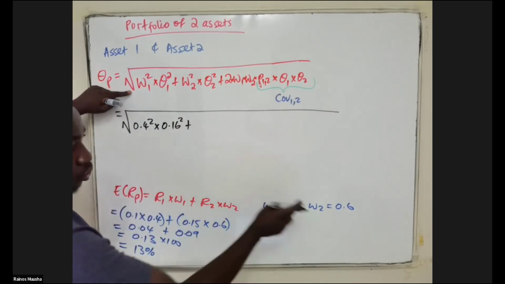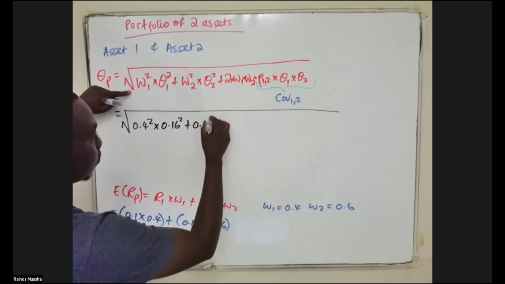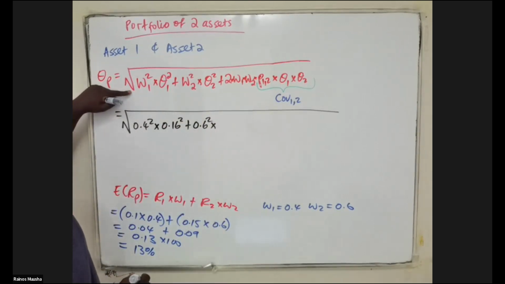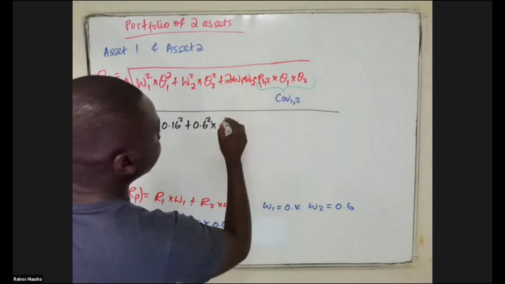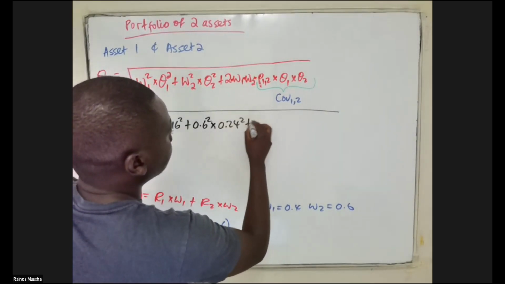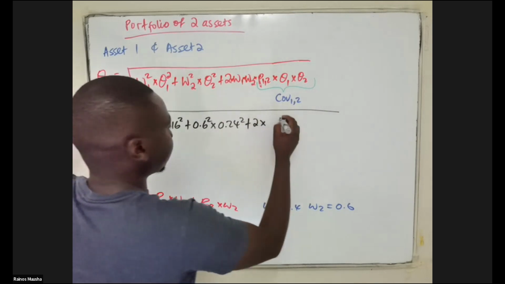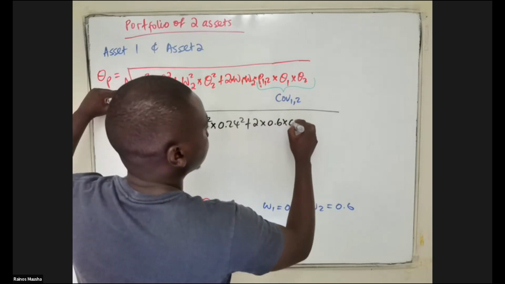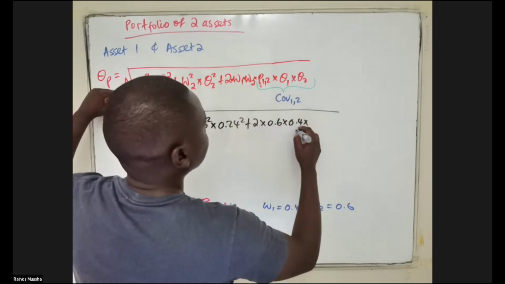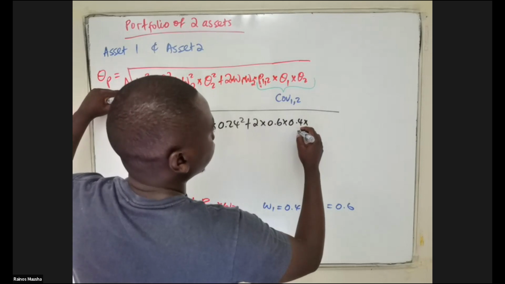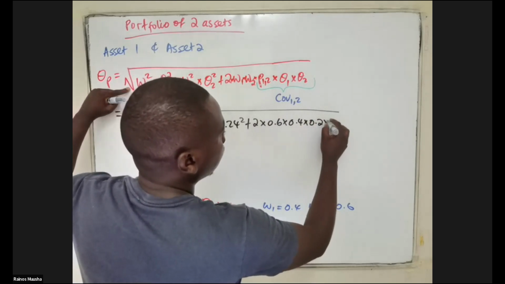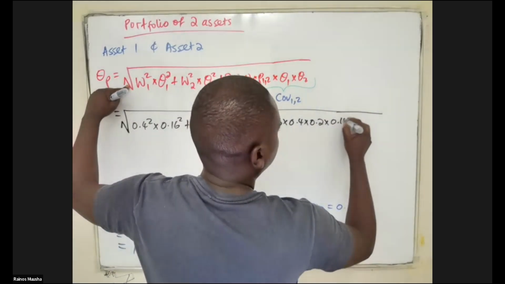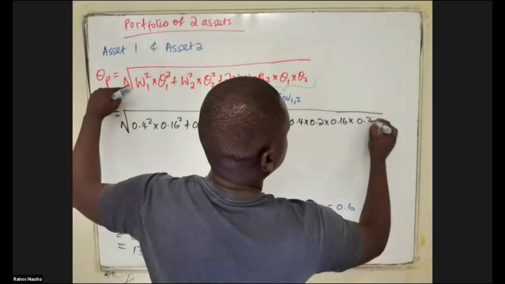Plus the weight of asset 2, which is 0.6, squared, times the standard deviation of asset 2, which is given as 24% per annum, so it's 0.24 squared, plus 2 multiplied by the weight of asset 1, which is 0.4, times the weight of asset 2, which is 0.6, multiplied by the correlation coefficient between the two assets, which is 0.2, multiplied by the standard deviation of the first asset, which is 0.16, multiplied by 0.24.